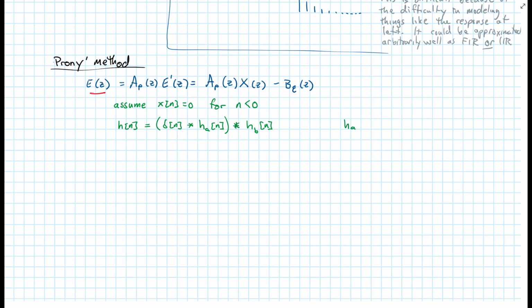Here, let's define h_A of n to be the inverse Z transform of 1 over A_P of z, and h_B will be likewise defined in terms of B_Q of z.